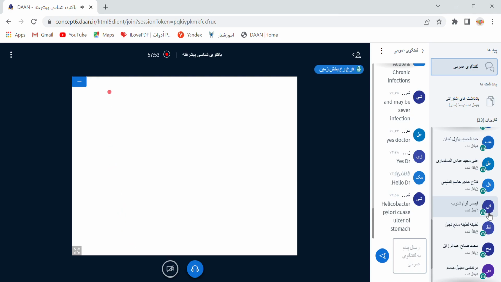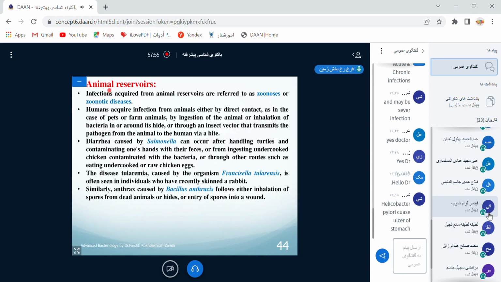After human reservoirs, we talk about animal reservoirs. Some animals can become infected with pathogens which are related to humans.